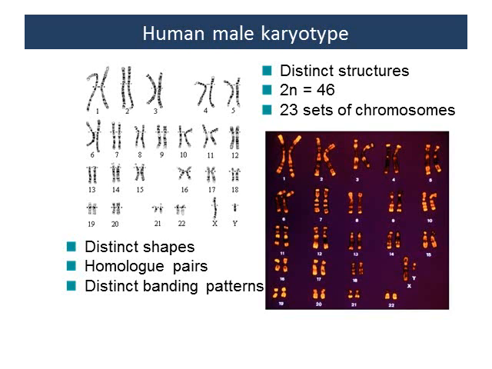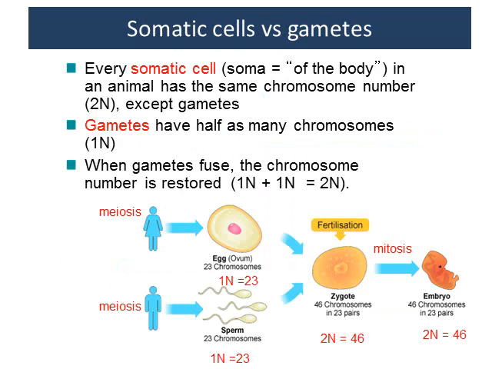So let's go to the next page. Every somatic cell, so a body cell, in an animal has the same chromosome number, 2N, which means 2 sets of chromosomes. Gametes, eggs or sperm, have half that many chromosomes, 1N. And when gametes fuse, the chromosome number is restored. So basically, you cut it in half.